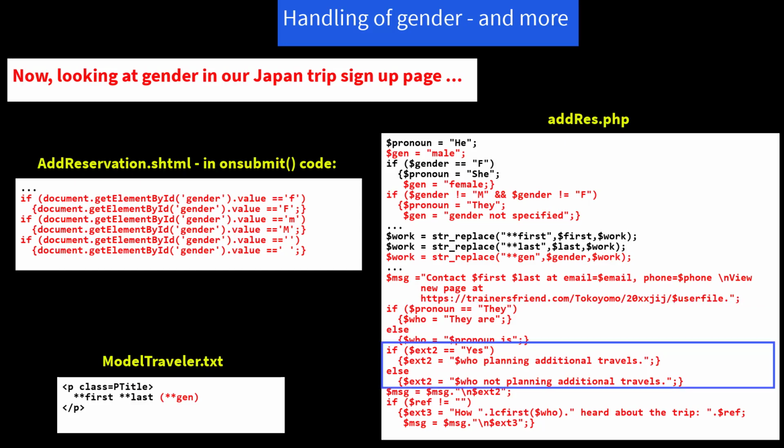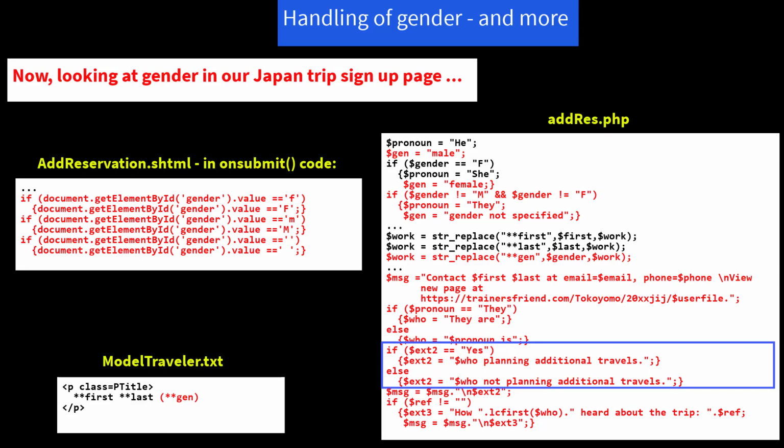Now we go if ext2 equals yes, then we assign ext2 to $who plan an additional travels. So that will either be they are or he is or she is. Similarly, for the else clause, $ext2 equals $who not planning additional travels.